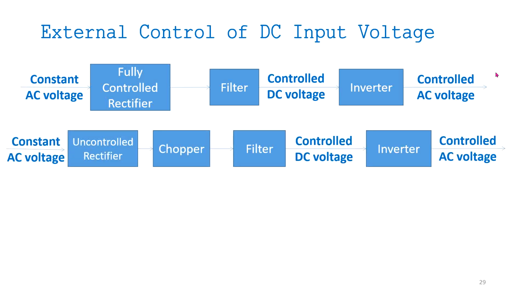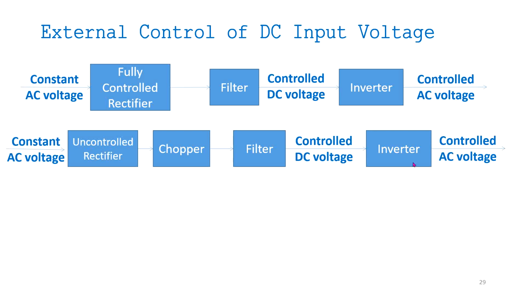And there is another scenario: you have a constant AC voltage and an uncontrolled rectifier. You produce certain DC, then you apply a chopper. A chopper is a DC converter, and then you apply a filter. This chopper will help you produce a controlled DC, and the rest of the circuit is the same.